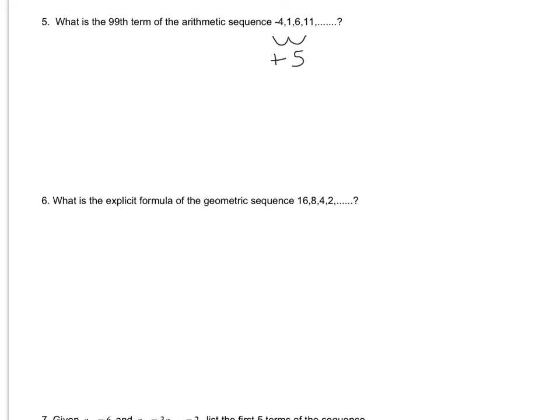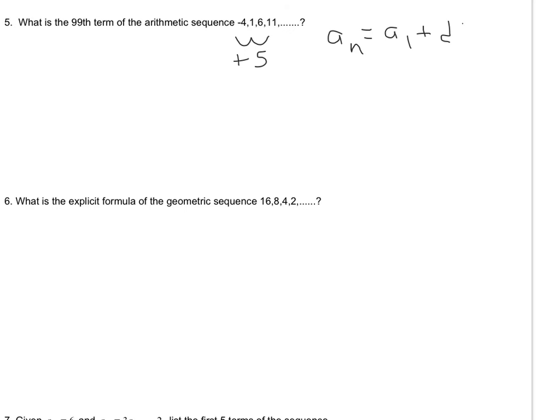So the general form of any arithmetic sequence, a sub n, is a sub 1 plus the common difference, which in this case is 5, times n minus 1. So we can find a formula for the nth term of this sequence. The first term is negative 4 plus the common difference, 5, times n minus 1.